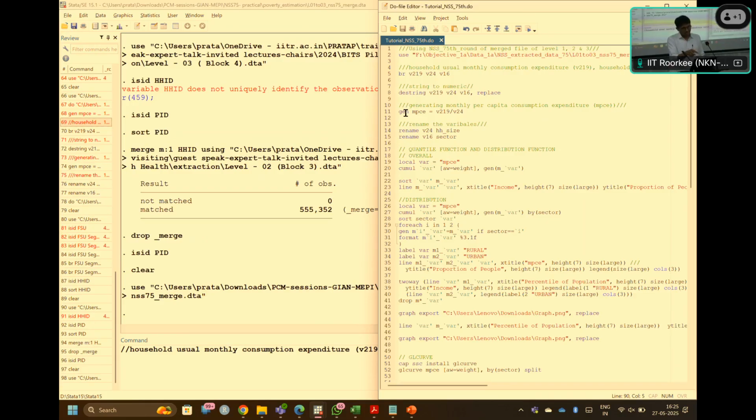So 2 and 3 are giving you the household size as well as the household members. More or less, we have got it from the household file itself because household size is a variable there. So the monthly MPC is already there, the monthly household consumption expenditure, and it is also carrying the variable of household size.